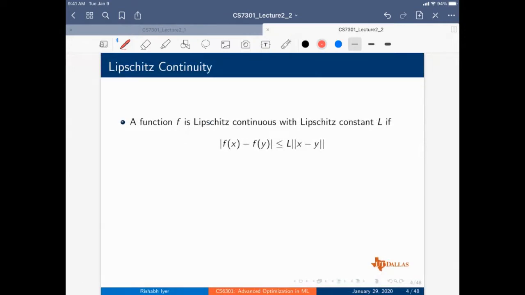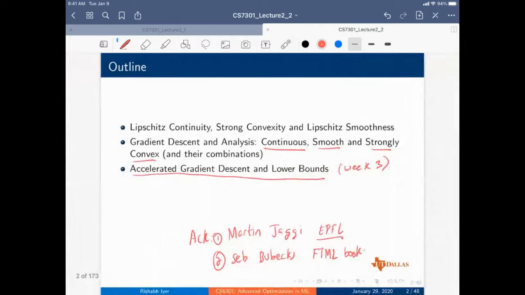Amongst a lot of different proofs of this, the way it was described by Martin Jaggi was very intuitive, and I use the same structure, so hopefully the proofs are more straightforward now.